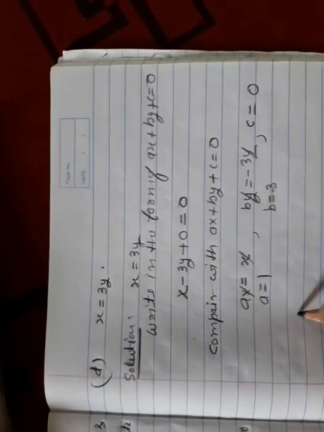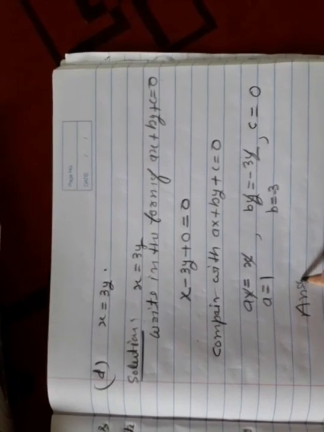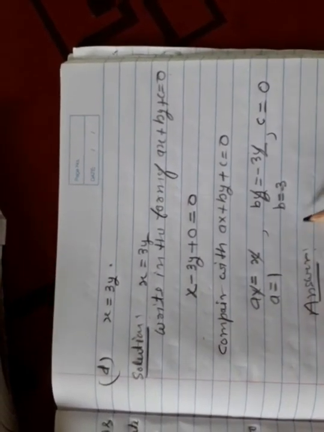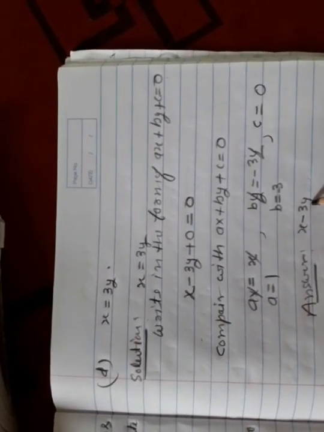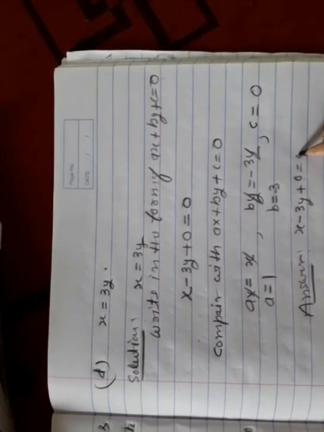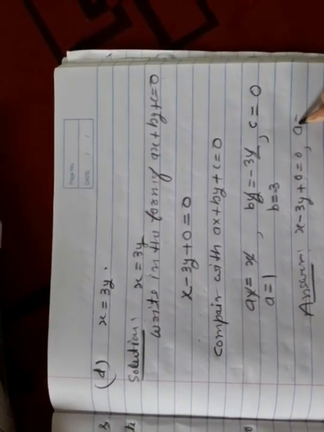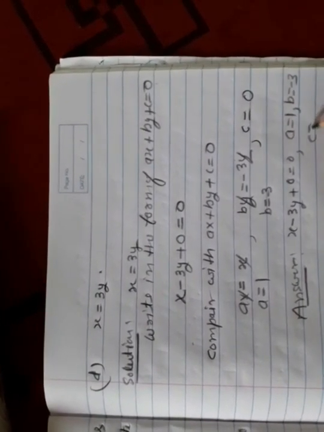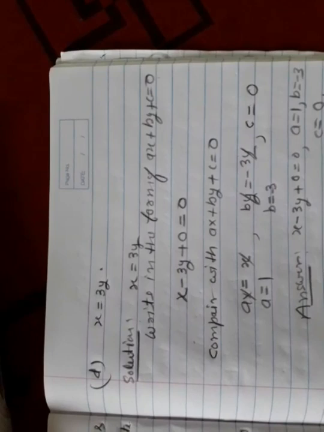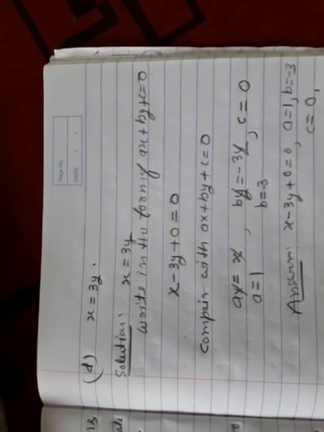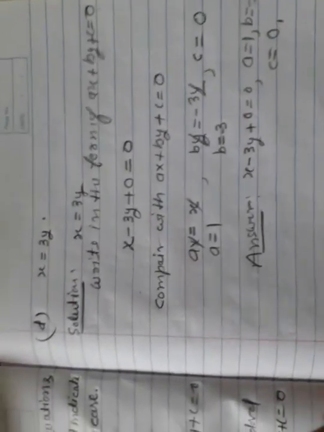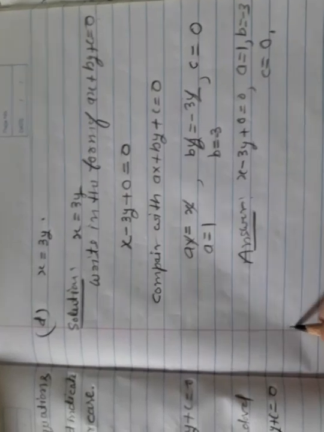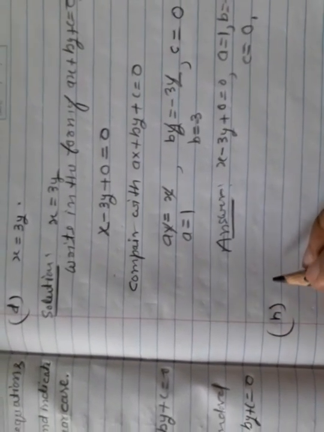Clear? It's your answer: x minus 3y plus 0 is equal to 0, a is equal to 1, b is equal to minus 3 and c is equal to 0.